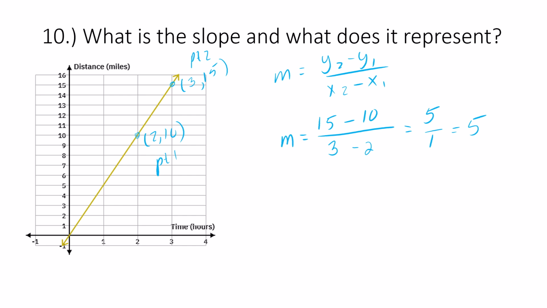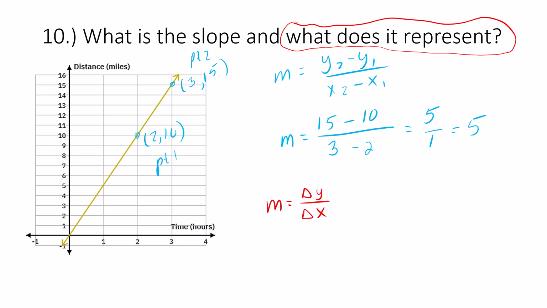Now, the more interesting question, because I love interesting questions, is what does it represent? And this time, like my students, I'll get all kinds of answers. Like, it represents m, it represents the slope. Yes, I know. So here's how you can figure that out. On your y-axis, you've got your change in y over your change in x.